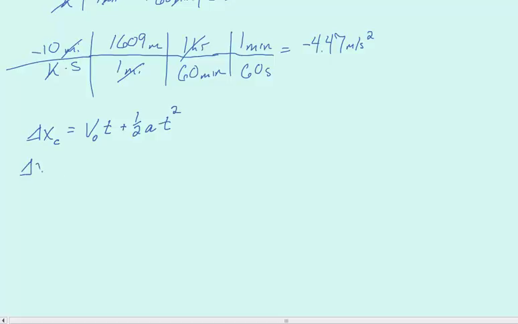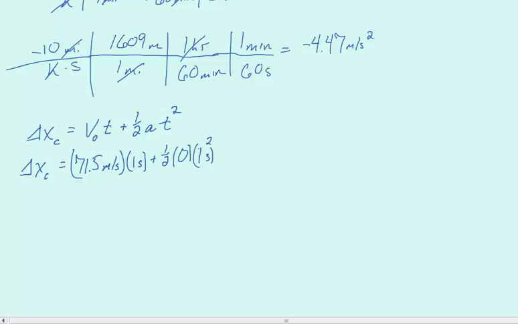We can plug in our values: our initial velocity is equal to 71.5 meters per second over a period of 1 second, plus 1/2 our acceleration, and since the plane is coasting, our acceleration is 0, multiplied by our time squared.